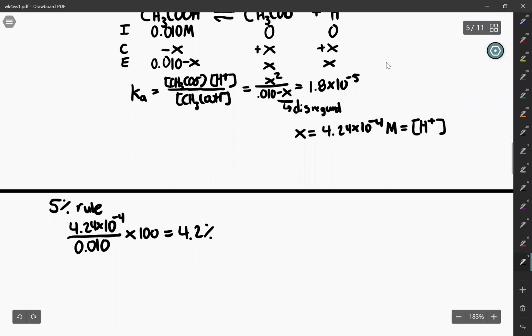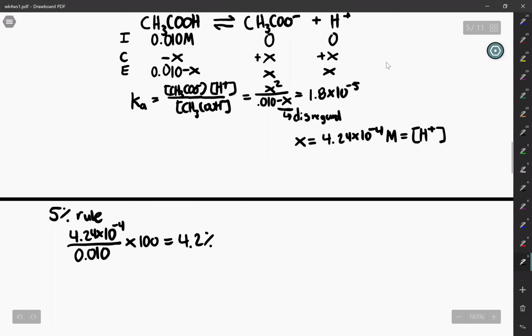If I didn't want to do this, because 4.2%, although not a significant amount, is still worth figuring out, we can use the quadratic formula. So using the quadratic formula, we come up with an equation that looks something like this. This would be, of course, without disregarding the X at the bottom.